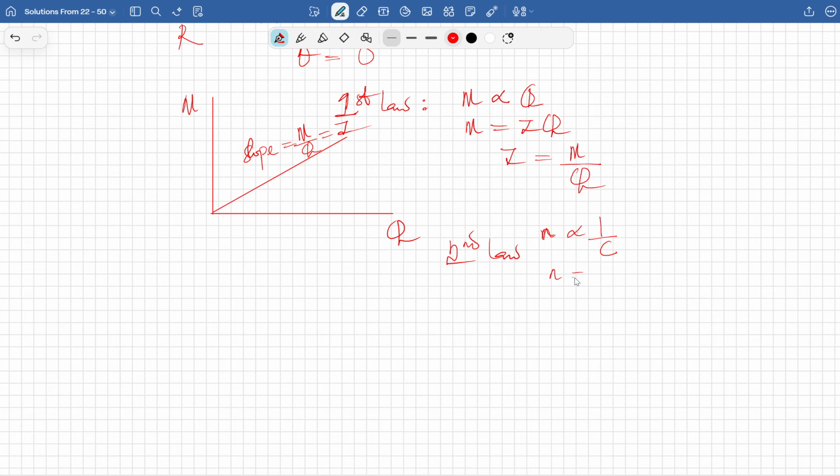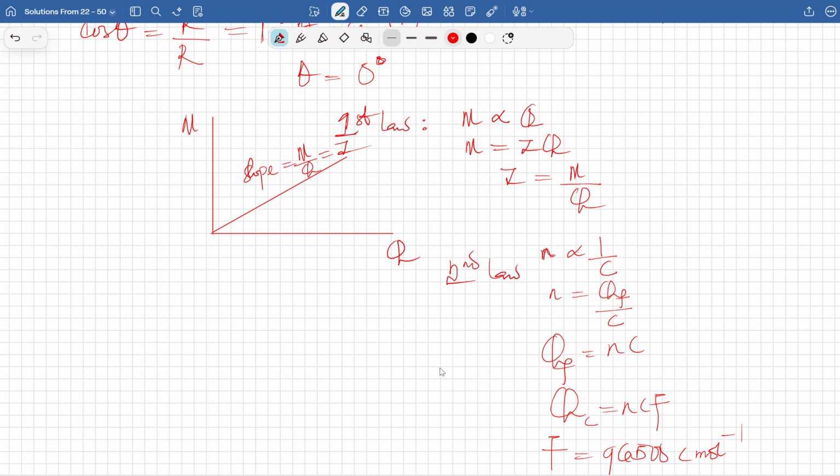So N is equals to the quantity of electricity in Faraday divided by C, so the quantity of electricity in Faraday is equals to NC. To convert this back to Coulomb, you need to multiply through by the Faraday's constant. And do not forget the value of the Faraday constant, F equals 96,500 Coulomb per mole. So that is a quick one there.